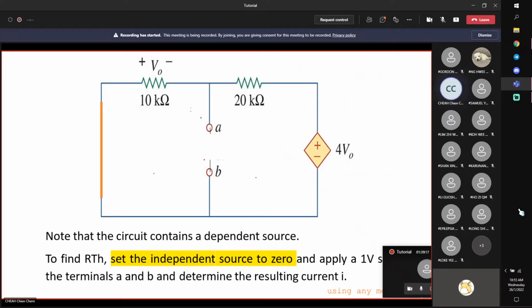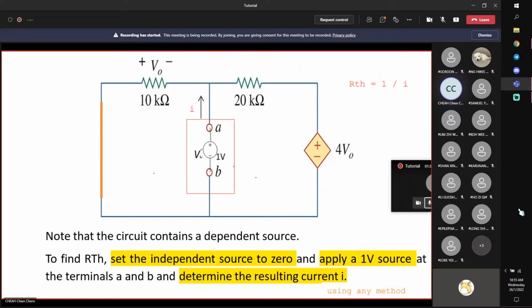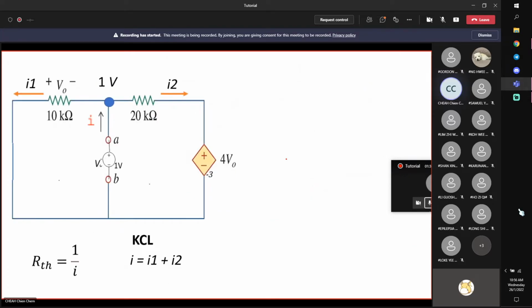To determine the RTH, we pump in a known voltage of 1 volt, and we want to calculate this current. 1 volt divided by current will be your RTH. After that, treat this as a new circuit and use any method that you want to solve it. I'll use nodal analysis, but you can also use mesh analysis.